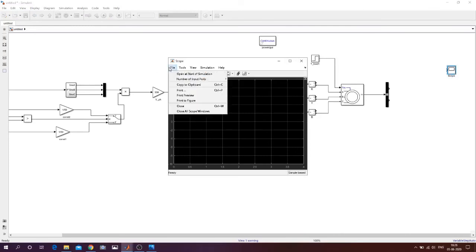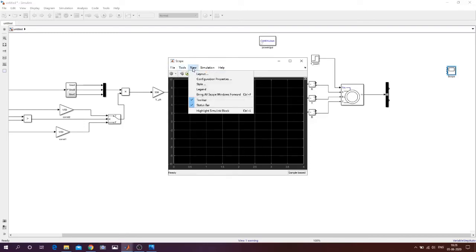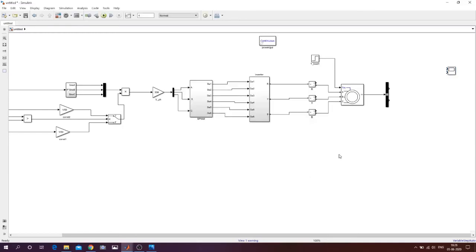Let me do some adjustment: number of inputs is 2 and layout is 2. Now these two are connected over here. In the first part the rotor speed will come out, and then the torque.